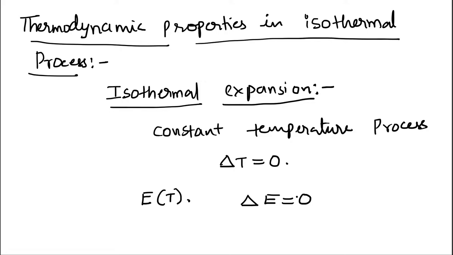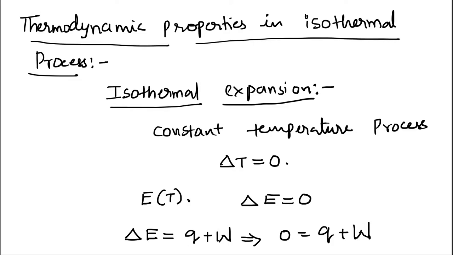Now, if we apply the first law of thermodynamics to this process, delta E equals Q plus W, and from this we can write 0 equals Q plus W. Then Q equals negative W. So that means the system is absorbing heat to perform the work, to perform the expansion.